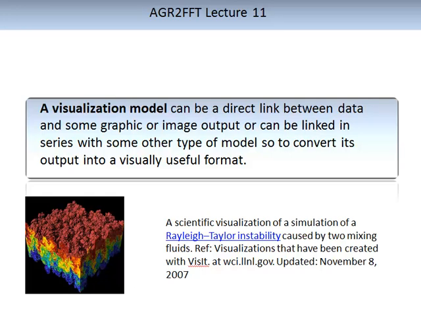It is considered a branch of computer science. I believe that there is great potential for visualization modeling in agriculture, particularly in production outputs. If you can see how something is physically changing with your production inputs, then you might be able to conceptualize better how those relationships are working.